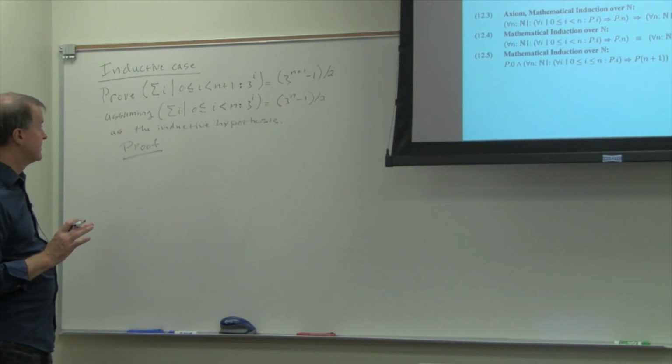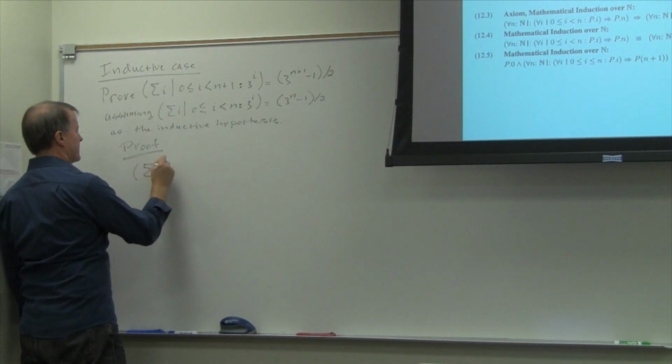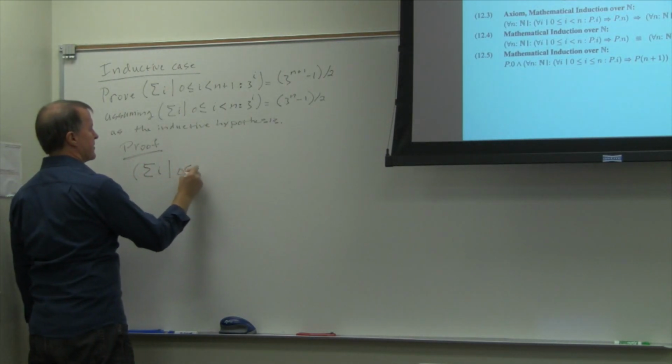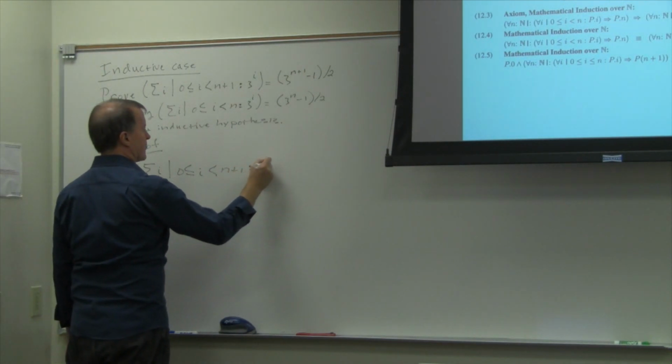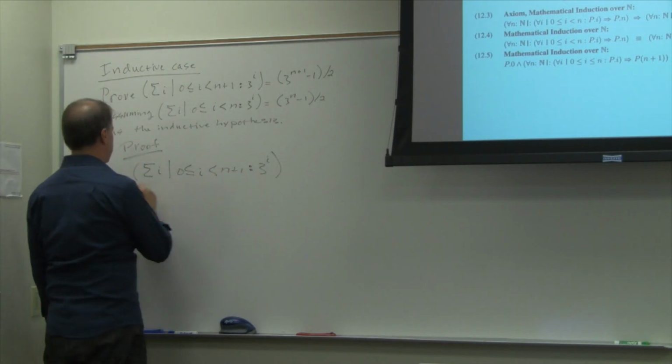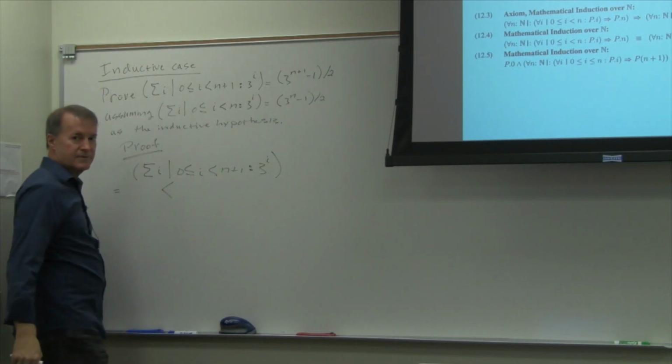Now, start with the left side. Sum on i, 0 less than or equal to i less than n plus 1, 3 to the i equals, and what's always the first thing that we do? We split off a term.